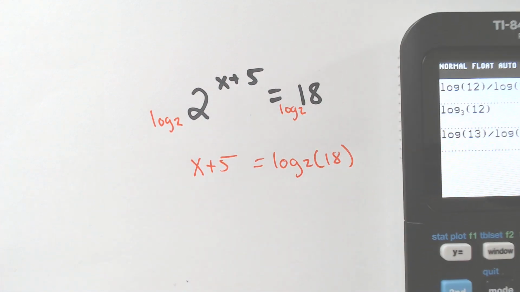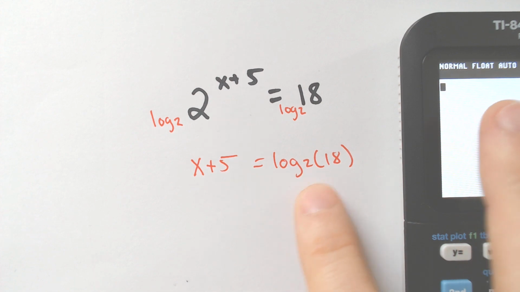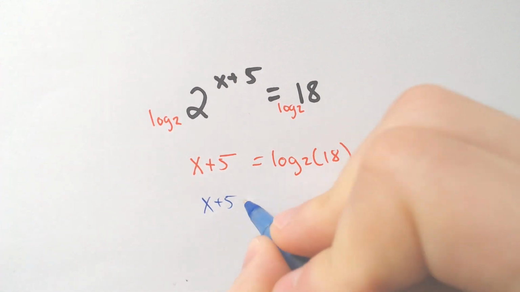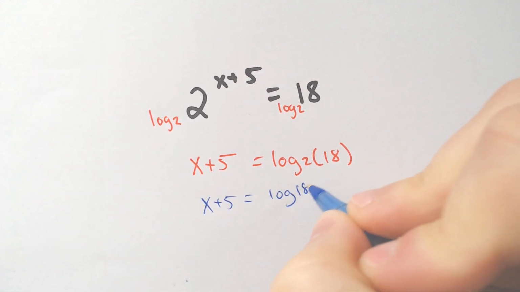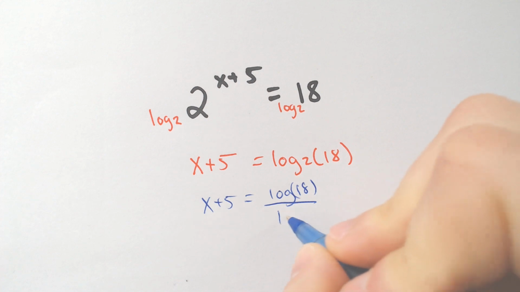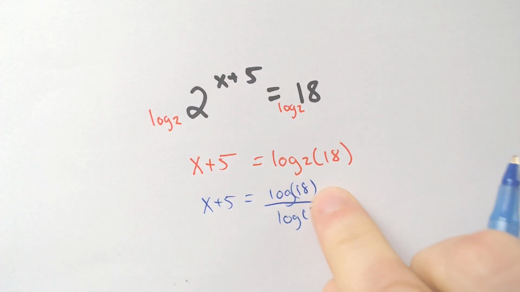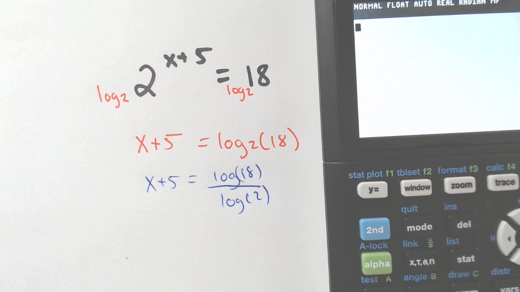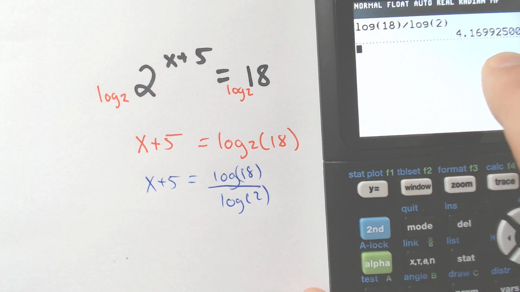Now from here, I would do log 18 divided by log 2. Let's write that down so we have it. x plus 5 is equal to log 18 divided by log of 2. Do make sure you close the parentheses on the calculator. So log 18 divided by log of 2 is equal to 4.16999.